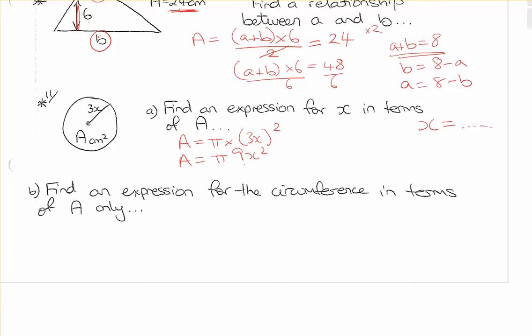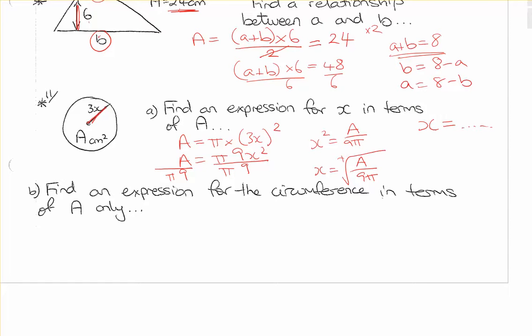Now we want x equals, so we need to rearrange this. We could start by dividing by 9 pi. So x squared equals a over 9 pi, and then x will be the square root. X is a length, so x needs to be positive, so we just want the positive square root of that.